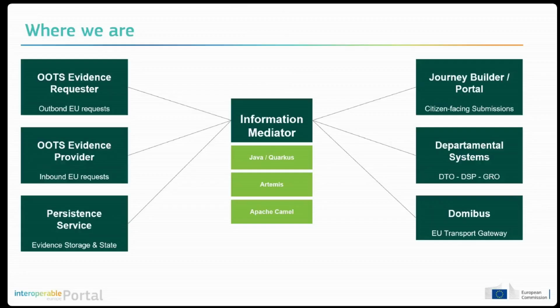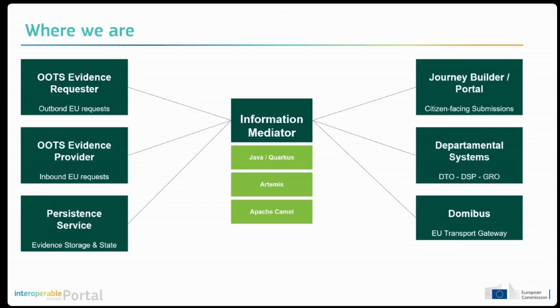We have other building blocks, like you see on the right, the journey builder, which is able to create customized flows for citizens. For example, fill out a form, do a payment, and receive a message back. Information Mediator is mediating the communication between those building blocks and other departments that want to reuse those capabilities.